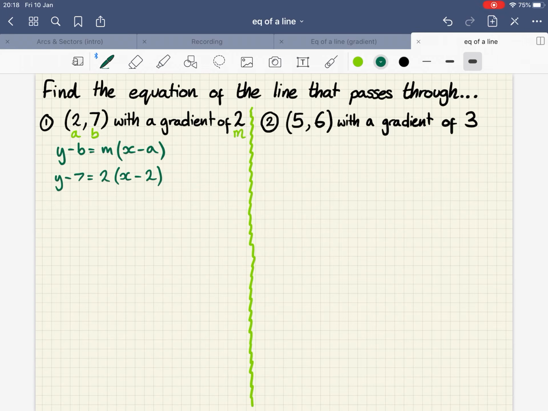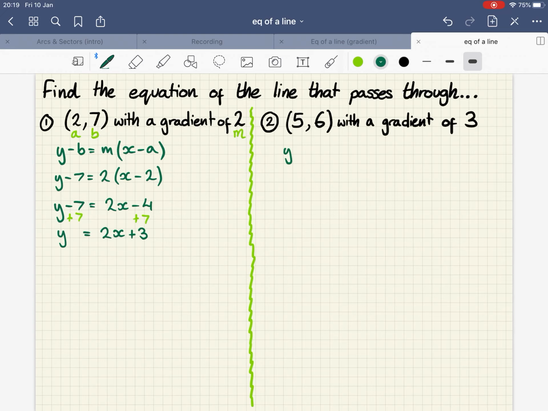First, I want to expand that bracket. So I've now got 2x minus 4. Then I rearrange, so I add 7 to both sides to give me y equals 2x plus 3. And that's me all done.